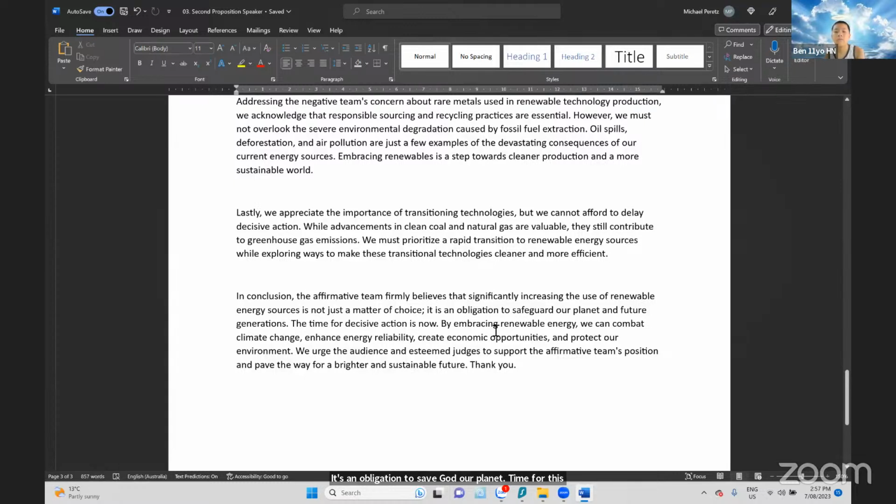By embracing renewable energy, we can combat climate change, enhance energy reliability, create economic opportunities, and protect our environment. We urge the audience and esteemed judges to support the affirmative team's position and pave the way for a brighter and sustainable future.